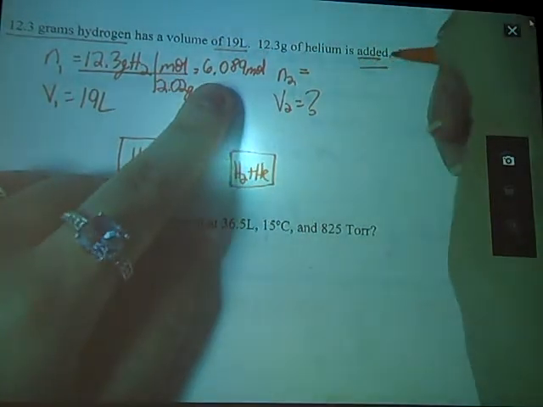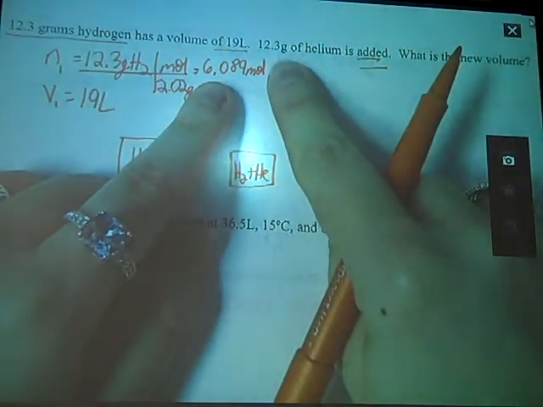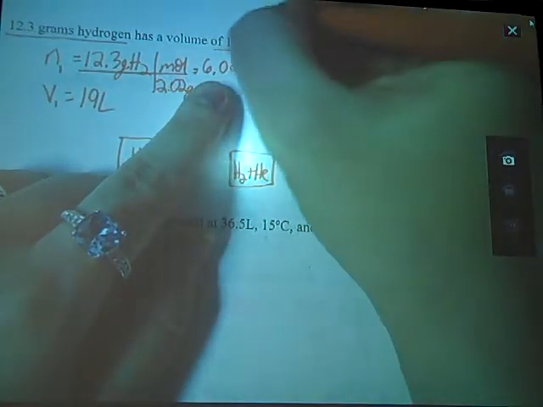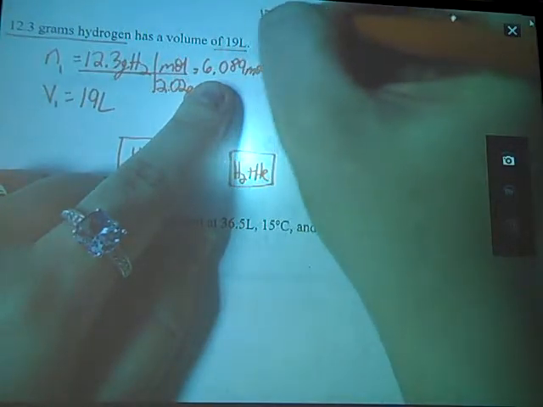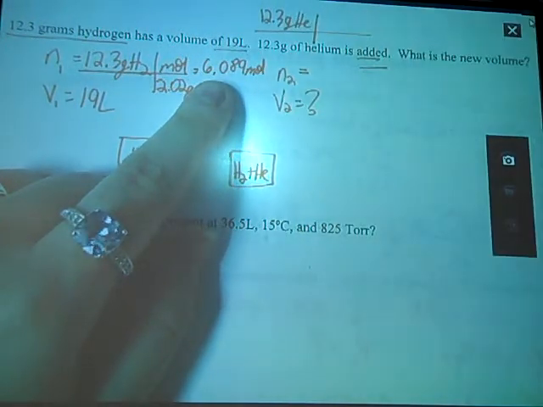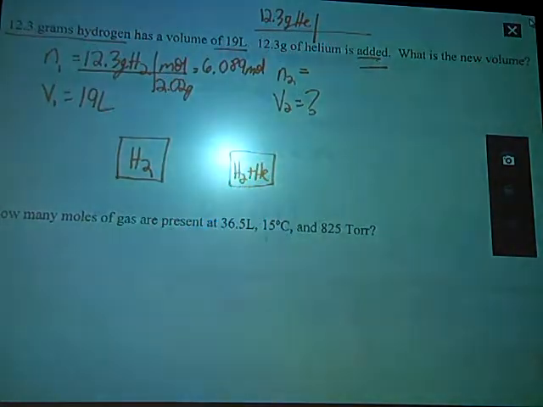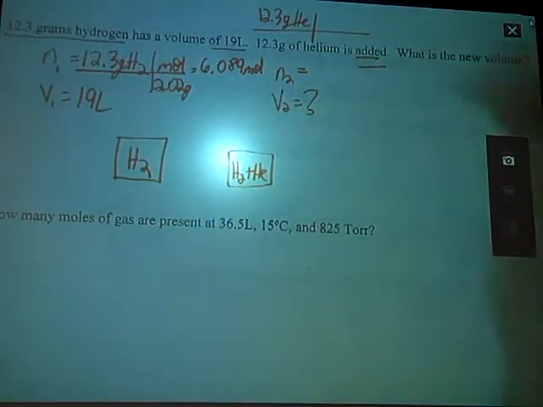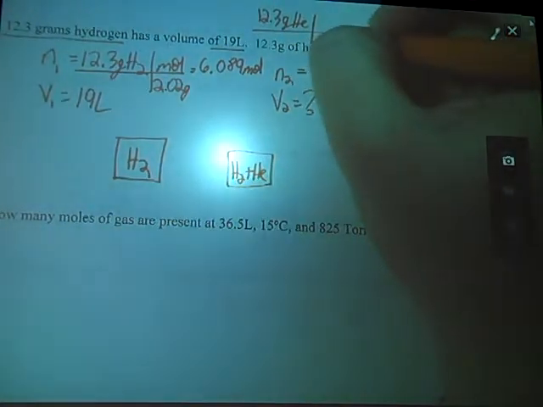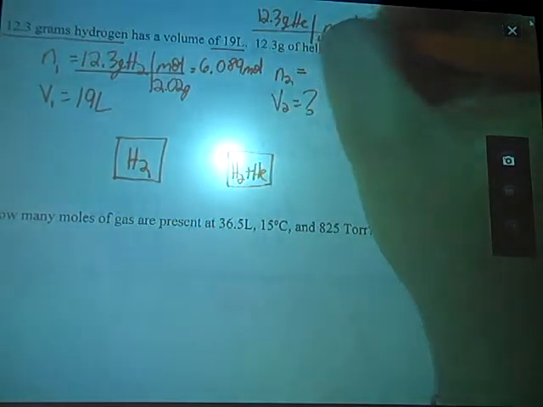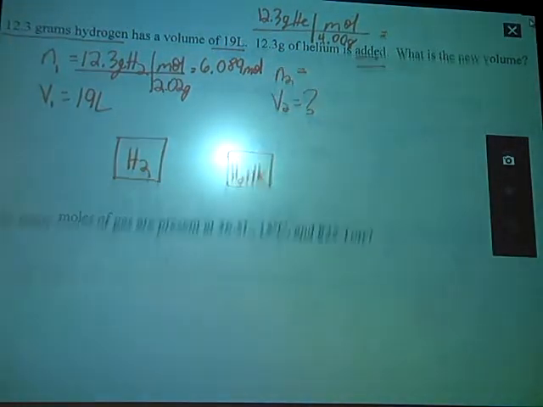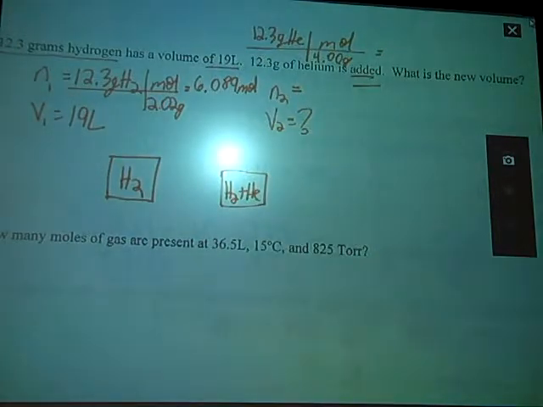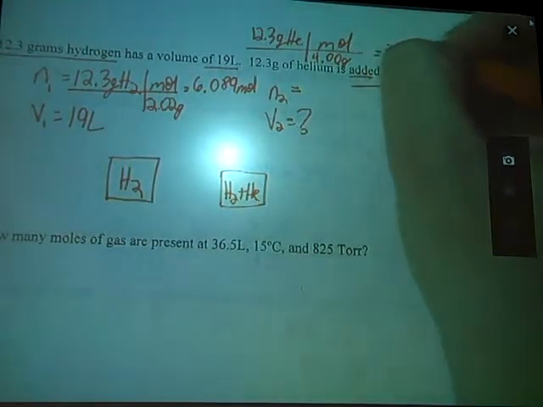So we already found moles of hydrogen, can't add apples and oranges, so I'm going to have to convert helium to moles as well. Helium's formula mass is 4.00. Can you see that up there? Yes, you can. So 12.3 divided by 4 is 3.075.